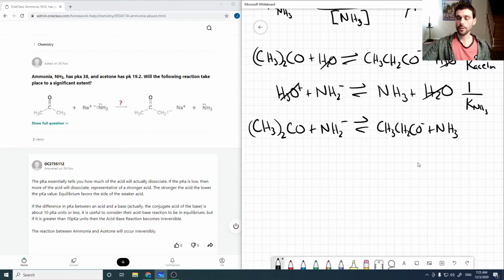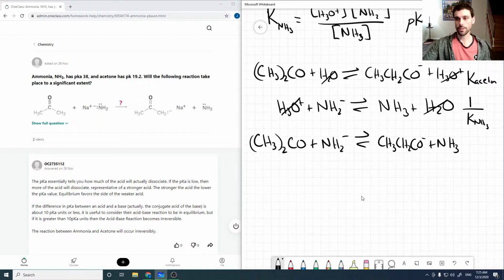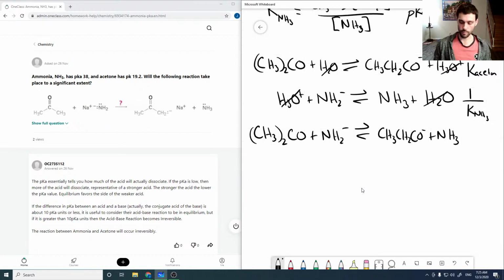And so if you recall, summing a reaction, the K will be just the product. So it will just be K acetone over K NH3.